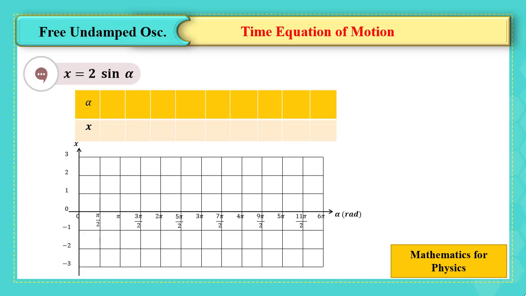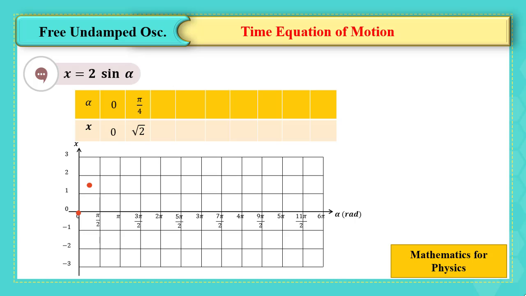Let's start. For alpha equals 0, x is 0 since 2 sine 0 is 0, and we place the point. For alpha equals pi over 4, the answer is radical 2, approximately 1.4.